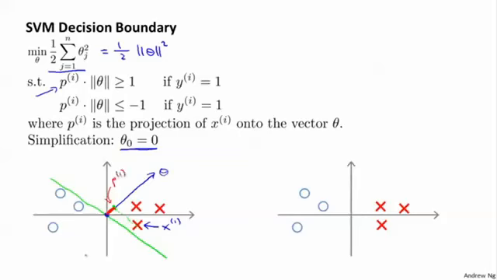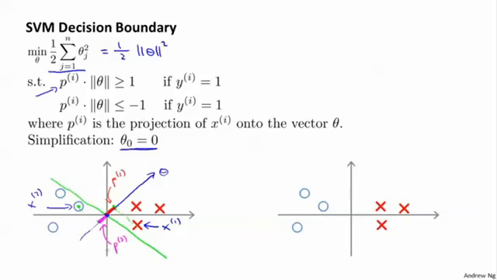And that's going to be pretty small, right? And similarly, if this example here happens to be x2, my second example, then if I look at the projection of this example onto theta, let me draw this one in magenta. This little magenta line segment is going to be P2. That's the projection of the second example onto the direction of my parameter vector theta, which goes like this. And so this little projection line segment is going to be pretty small.